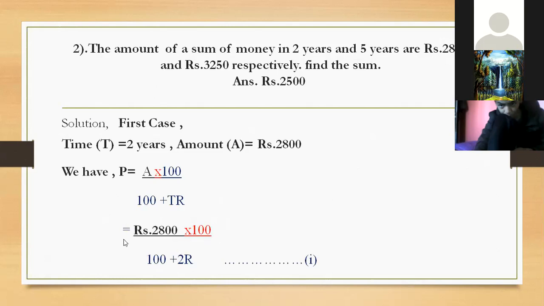Yes, sir. As I told you, we have to use the second case also, and first case and second case will be equated. Why? Both are the values of the principal.